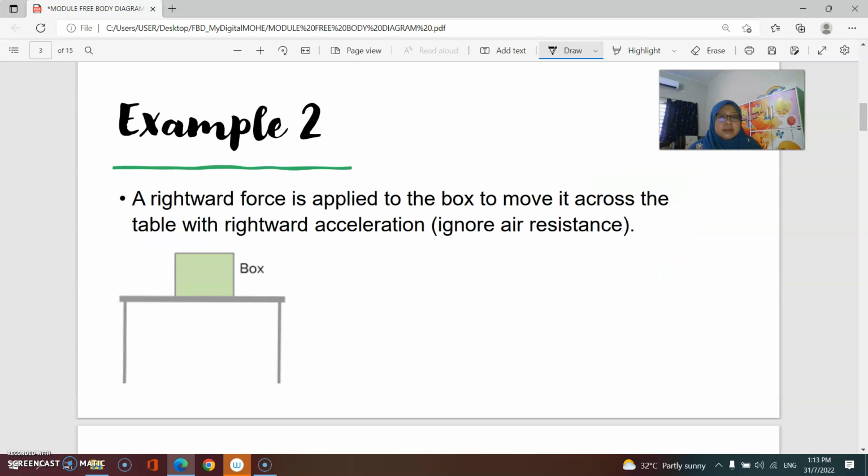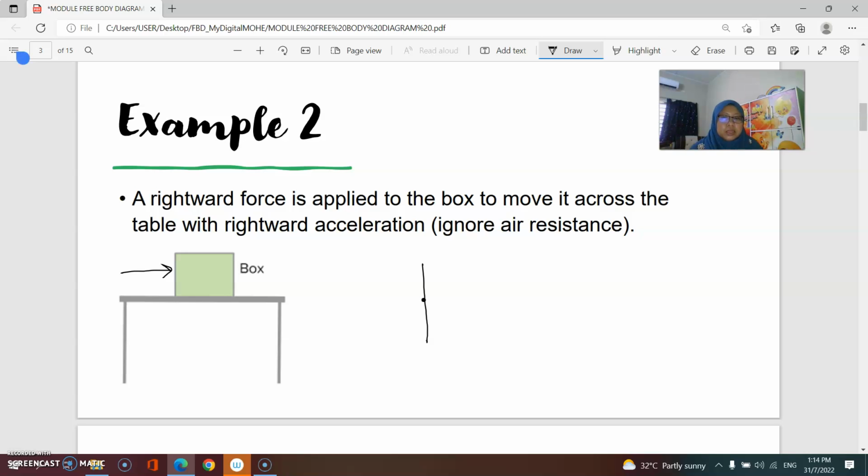Okay, we look at example number 2. Now we have a box on a table. A rightward force is applied to the box to move it across the table with rightward acceleration. So we have a rightward force. Now the object is the box.